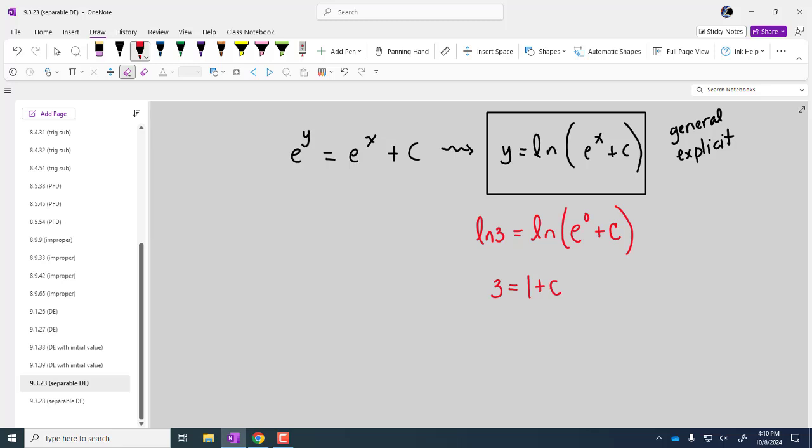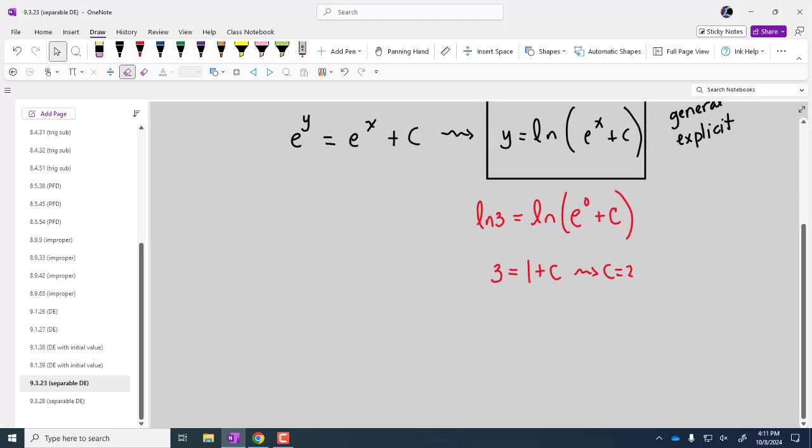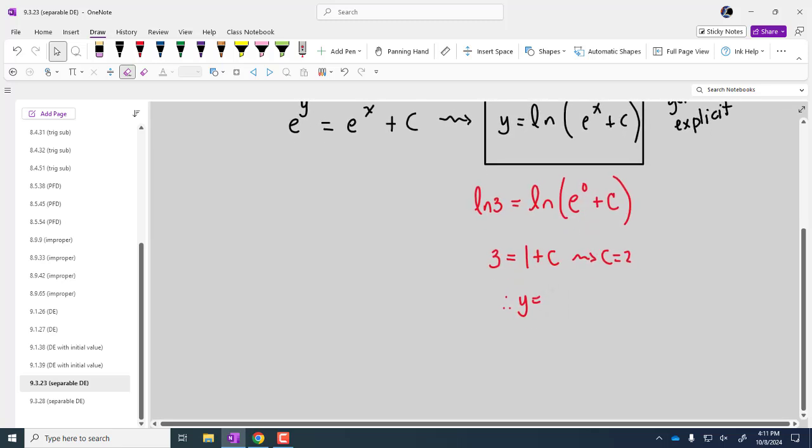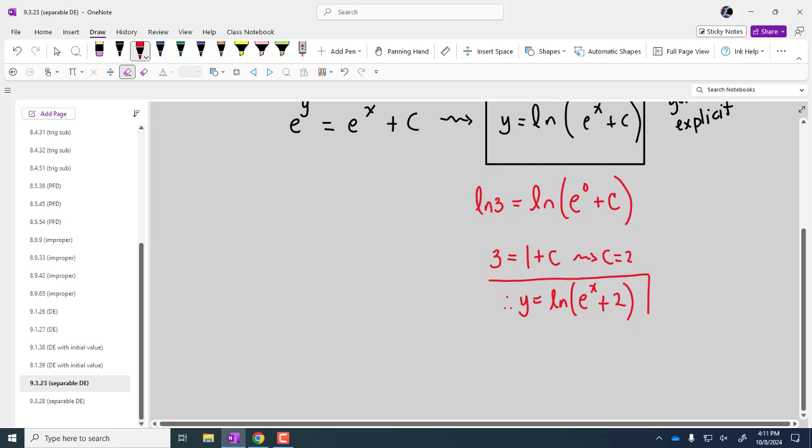So c is 2. So this tells us, therefore, the particular solution we're looking for is natural log of e to the x plus 2. Do we have to include the therefore sign? No.